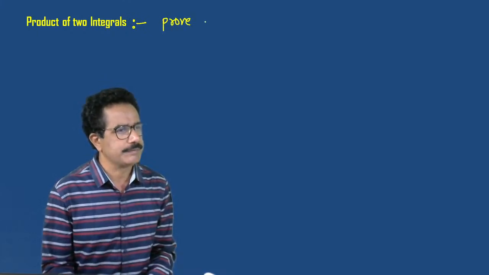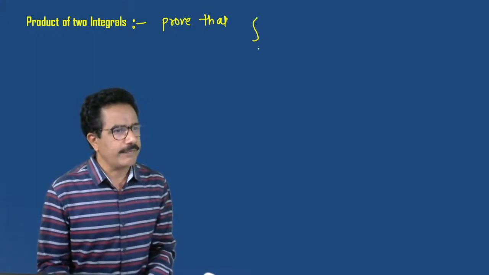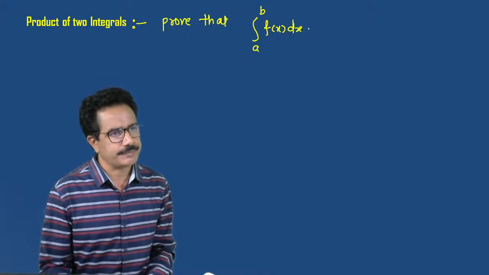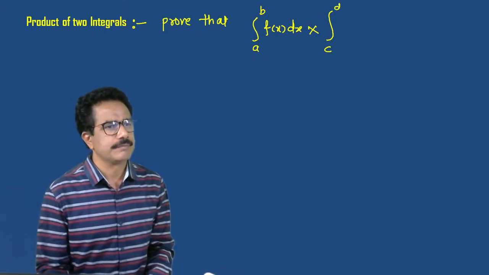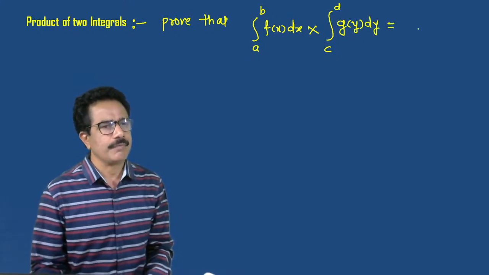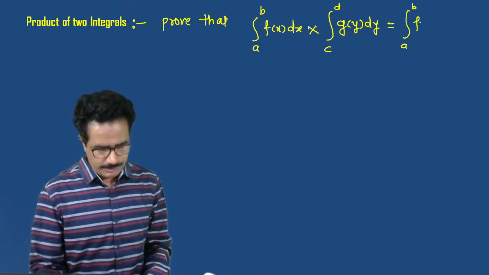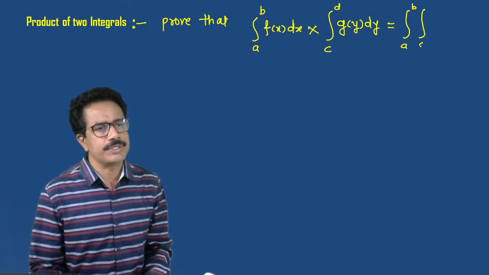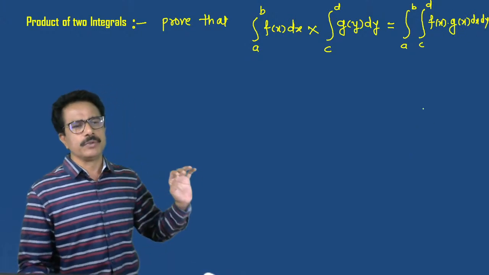Prove that the integral from a to b of f of x dx, into the integral from c to d of g of y dy, is equal to the double integral from a to b and c to d of f of x into g of y dx dy. We have to prove this.